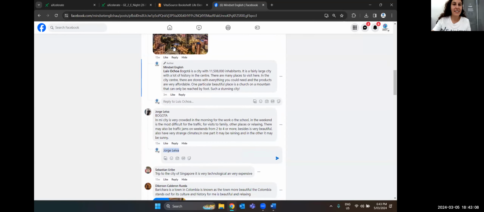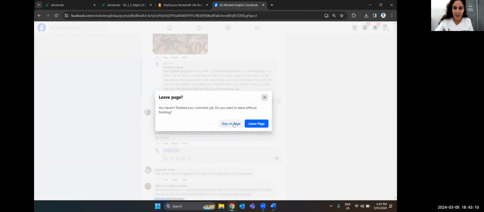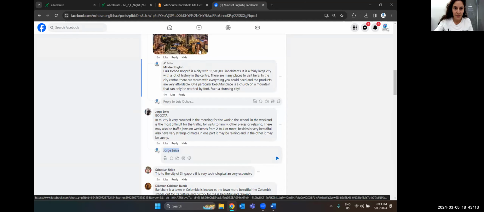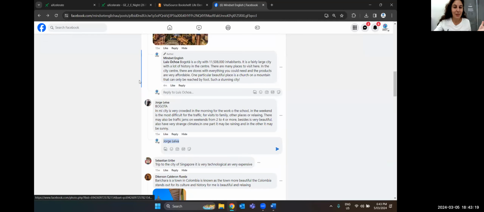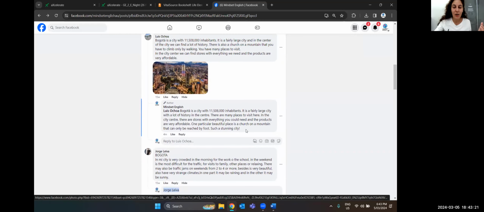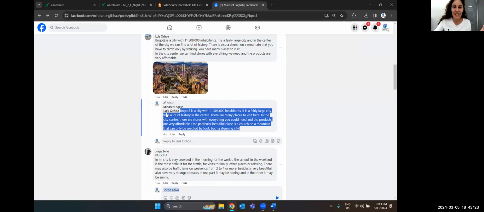So Lewis writes here, so this is an image of the place that he wants to share. Does anyone know where that is? Bogota. So Lewis says, Bogota is a city with 11,508,000 inhabitants. It is a fairly large city.